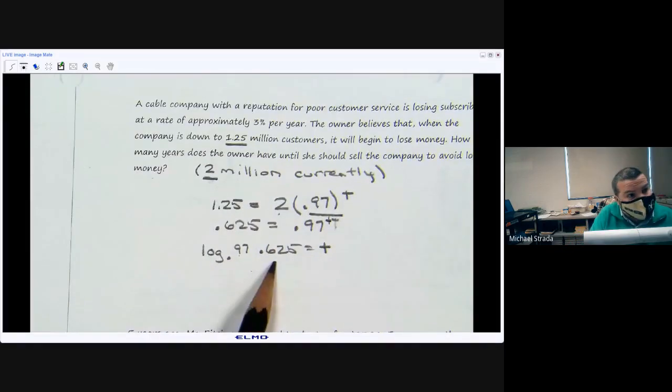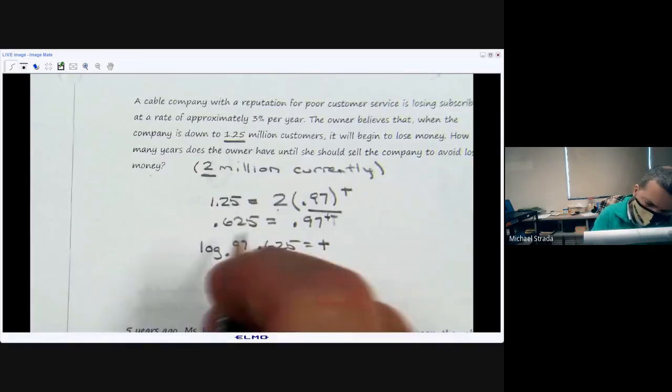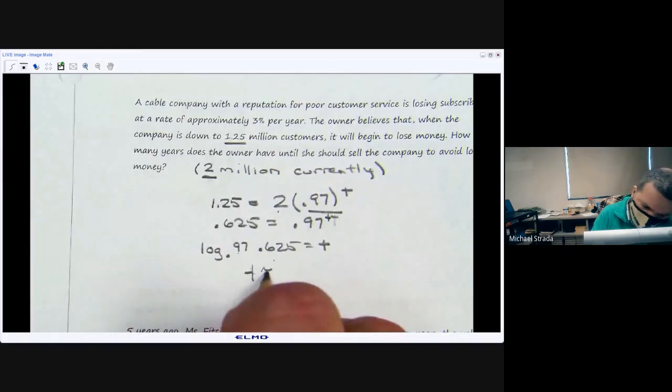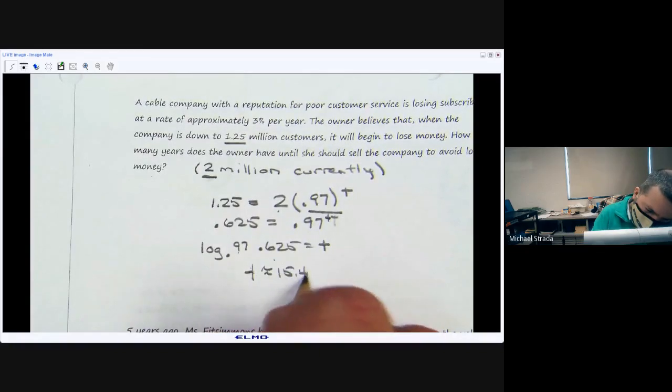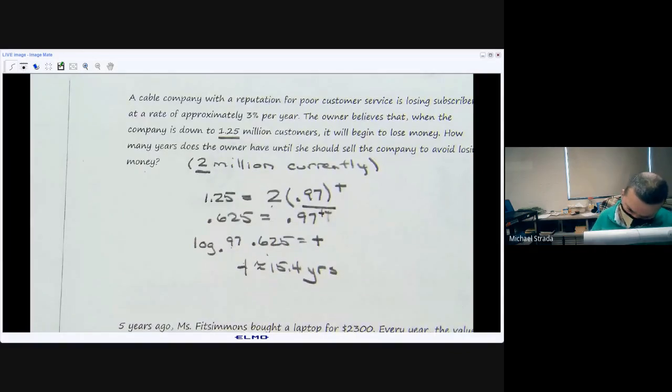So I'm going to do the log of 0.6 divided by the log of 0.97. And according to my calculations, it will come out to be about 15.4 years.